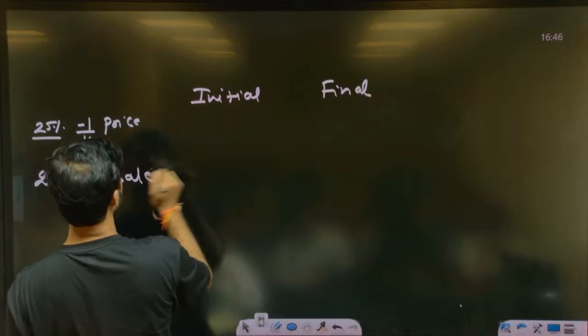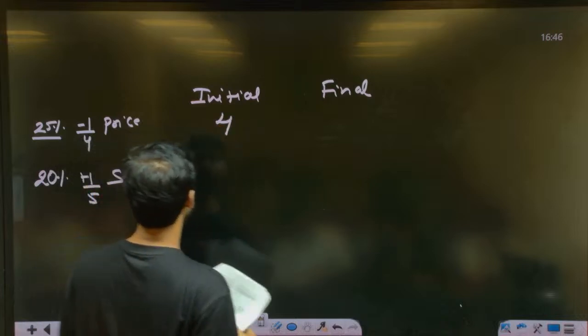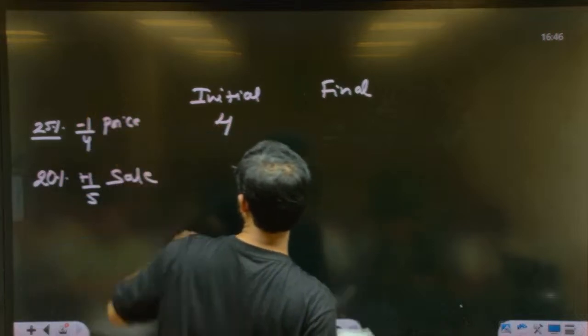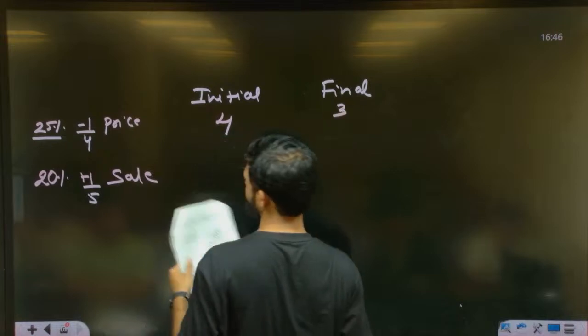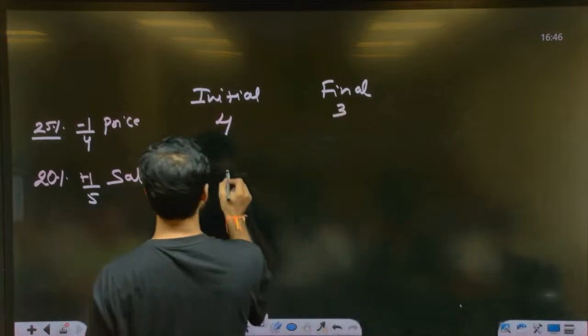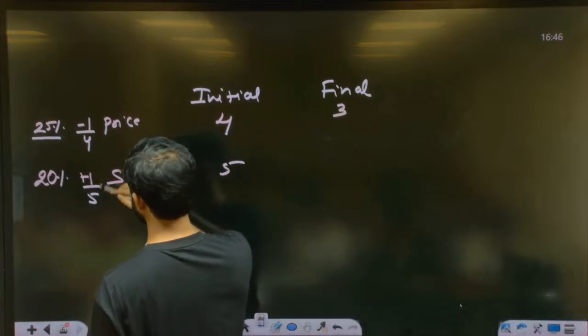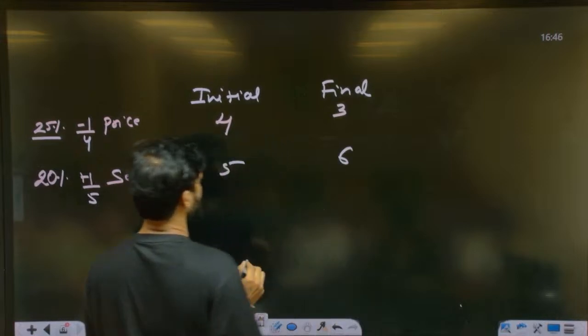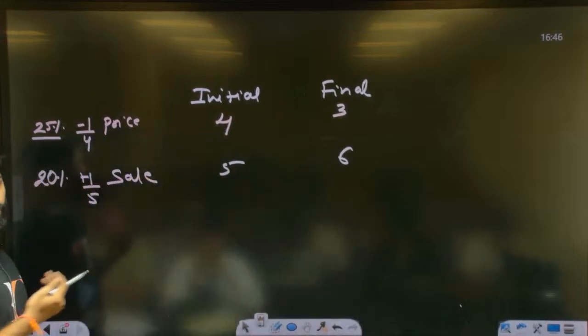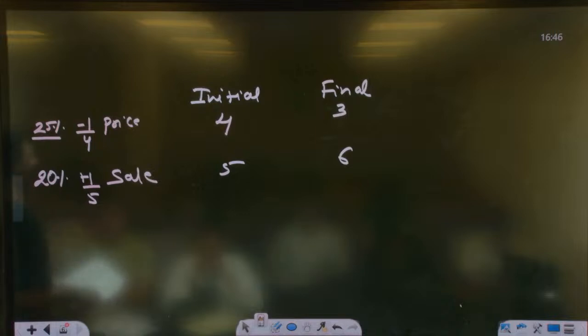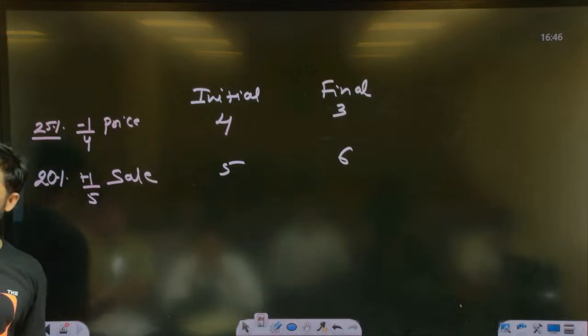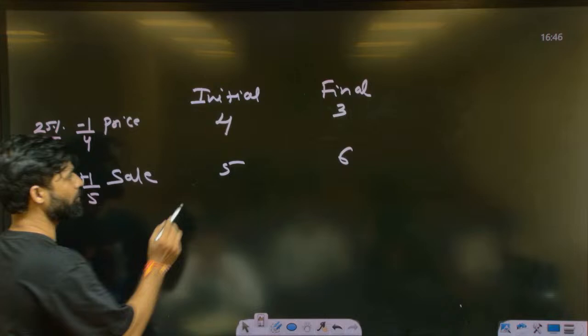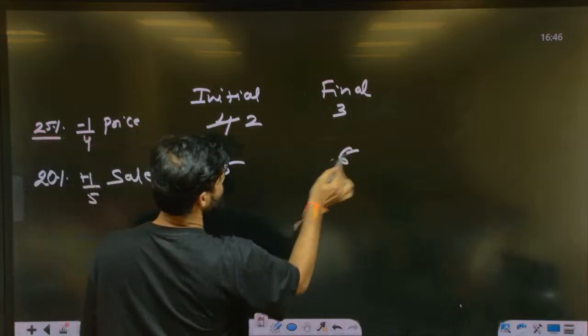The initial price of the article was 4 units and the final price is 4 minus 1, that is 3 units. Initially the sale was 5 units and finally the sale is 5 plus 1, that is 6 units. I told you that there will always be a battle in between initial and final. You can cut the commons. There is common 2 and this is 3.